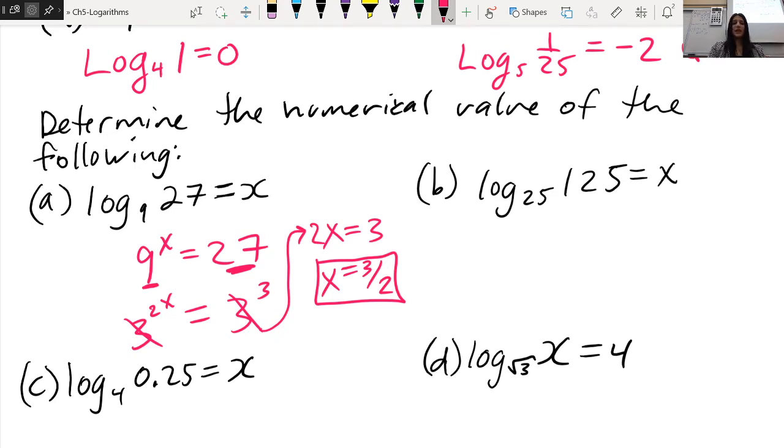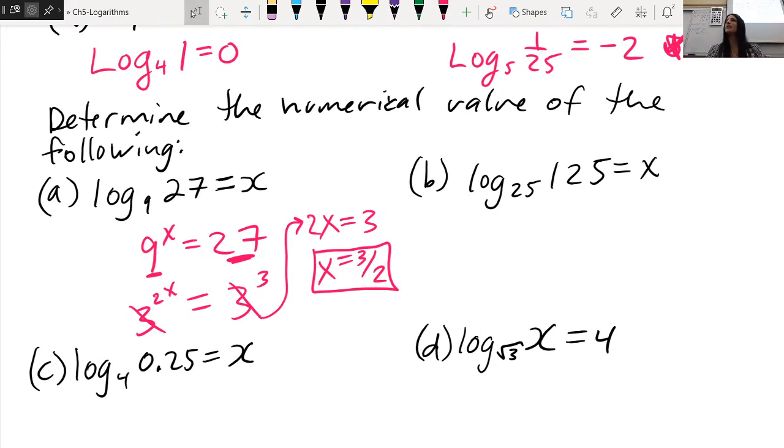And you also could take that, of course, and plug it back in here to check to see, does that make sense? Right? If we have a fraction of 3 over 2, we could plug it in for x. Let's take a look at part B. Well, actually, try B, C, and D on your own. Good?